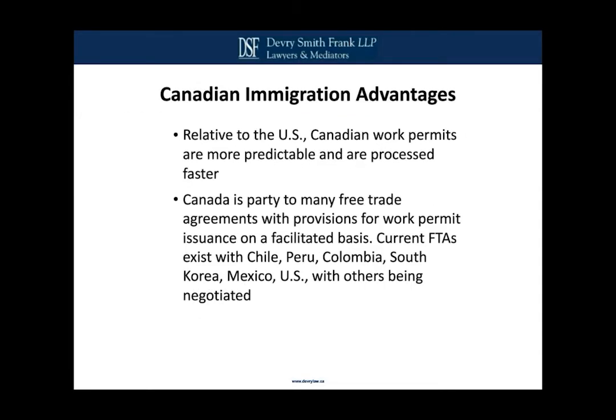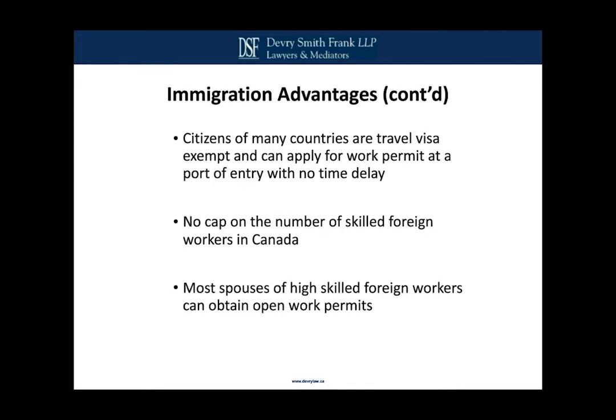What are some of the Canadian advantages from an immigration perspective? So first of all, relative to the U.S., Canadian work permits are more predictable and are processed faster. Some of the other immigration advantages under the Canadian system: citizens of many countries are travel visa exempt and can apply for a work permit at a port of entry with no time delay.